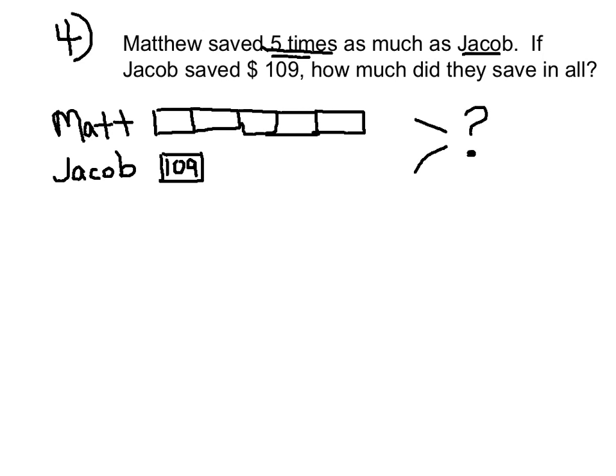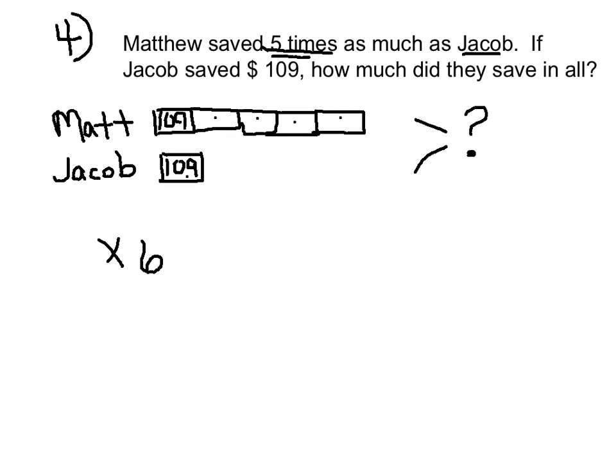All right. Well, when I look at what Matthew has, I realize he's got 5 times as many. So inside of each one of these boxes is the $109. So actually, I could go, there's 1, 2, 3, 4, 5, 6 groups of 109.